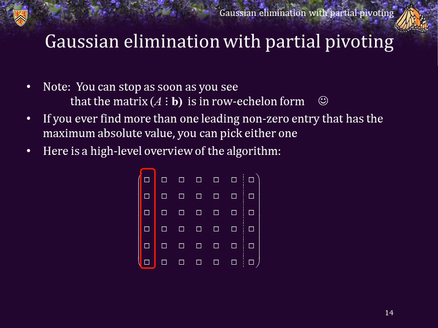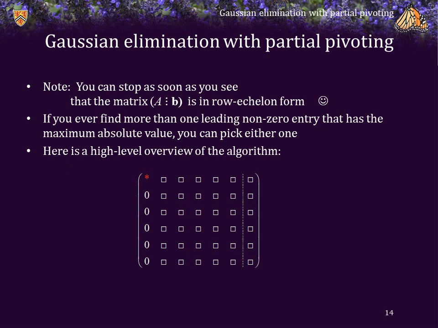Wherever that is, we find that row, and we swap that row with row 1 so as to place the largest in absolute value entry into that location. So we just swap two rows. Now we will add an appropriate multiple of row 1 onto each subsequent row to zero each of those entries out.